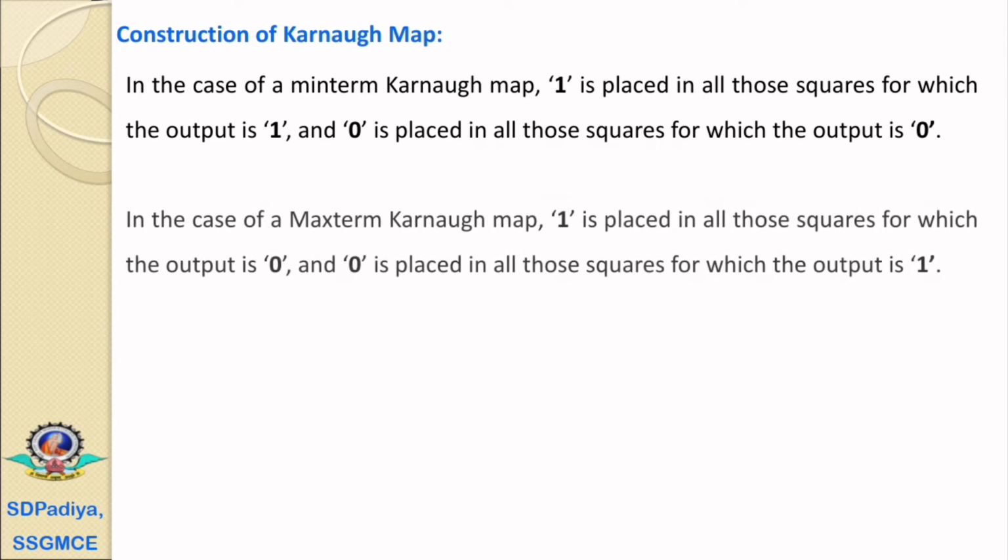But there is the inverse in the maxterm. In the case of the maxterm K-map, 1 is placed in all those squares for which the output is 0. Means in the maxterm, if the output is 0, then we write down 1 in the K-map, and 0 is placed in all those squares for which the output is 1.